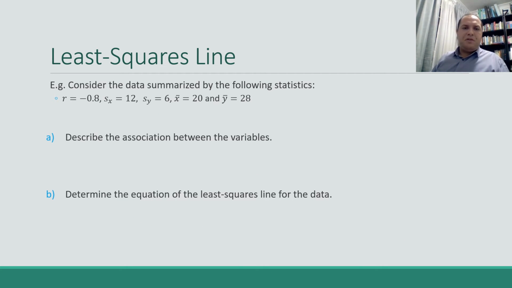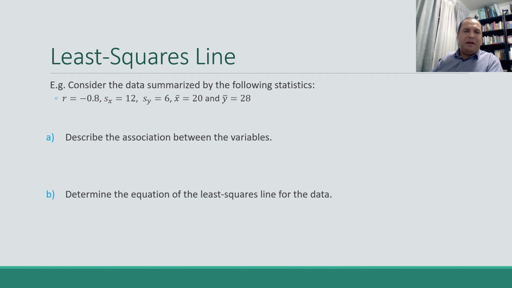Alright, so now let's use the data we've been given here to answer some questions. We've got the r value, our two standard deviations, and our two averages for x and y, an explanatory and a response variable. First, we have to describe the association between the variables.